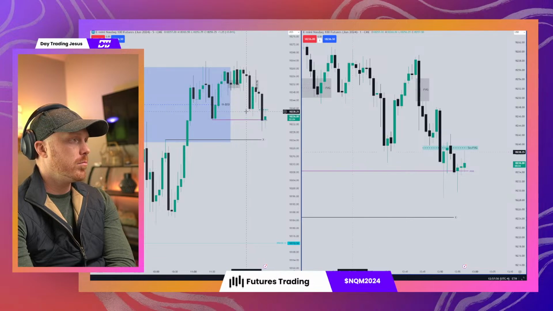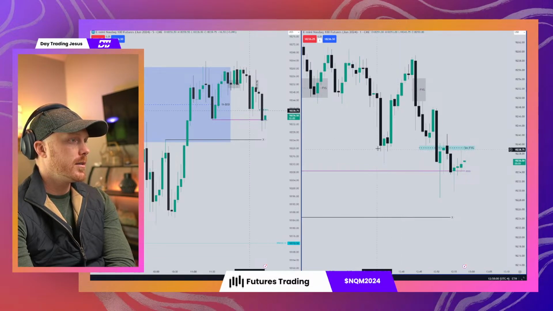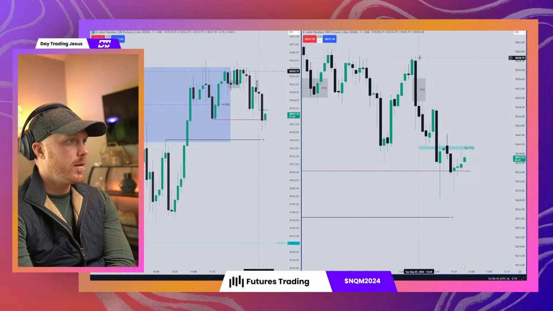Technically, we've hit a mitigation block right here. This is a mitigation block. High, low, lower, high. Also could be viewed as a break. You know, this is higher. I'm not going to take this. I'm looking at the swing high.